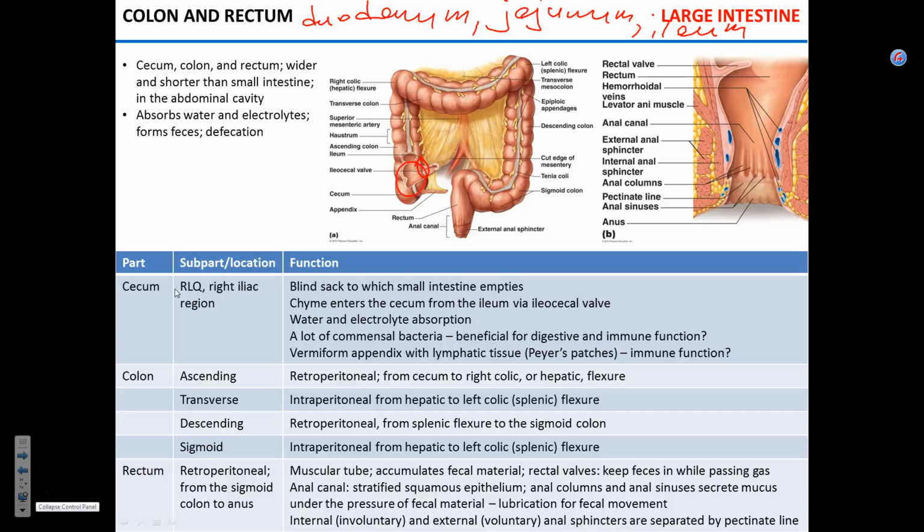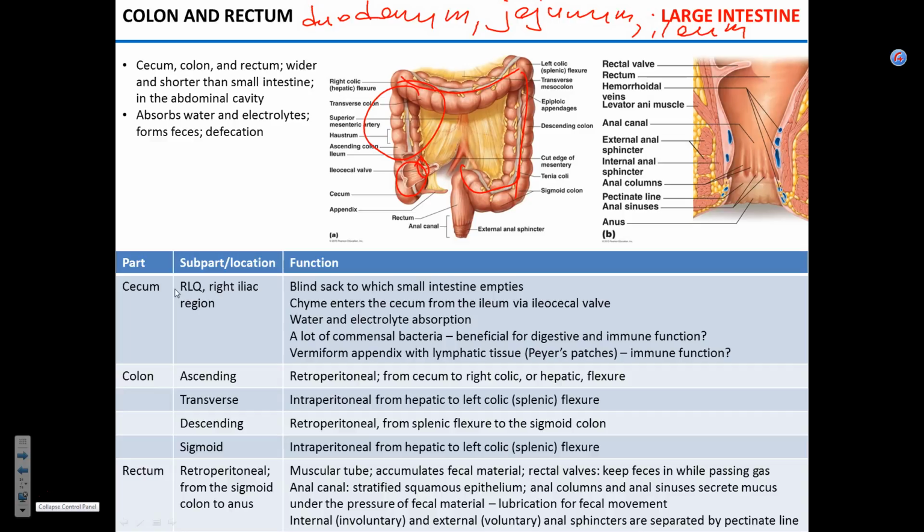Through the ileocecal valve, chyme enters the cecum. From the cecum, which is a large pouch with only one exit, chyme enters the ascending colon, going up. From the ascending colon, it goes into the transverse colon. From transverse into the descending colon, then to the sigmoid.